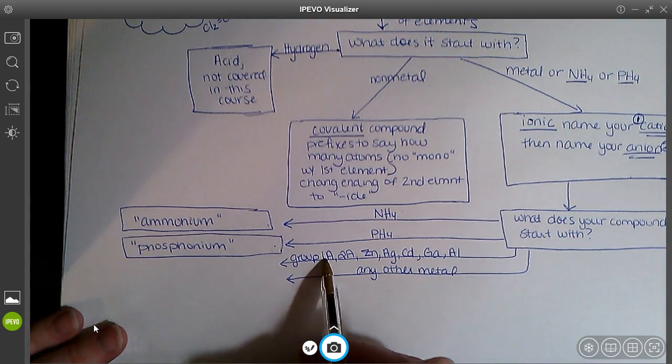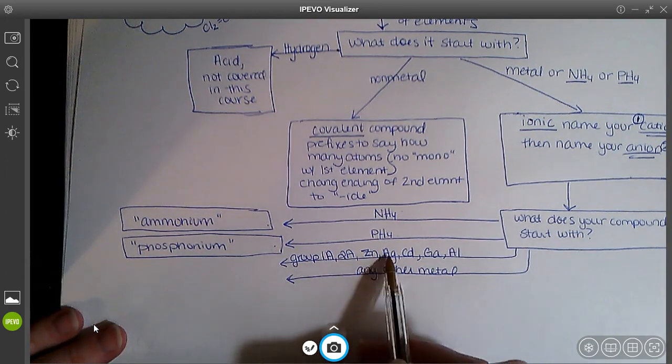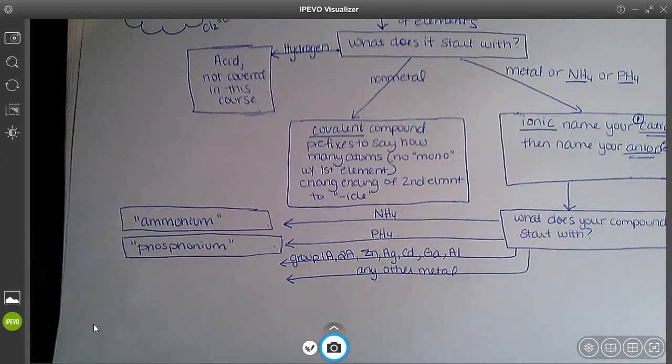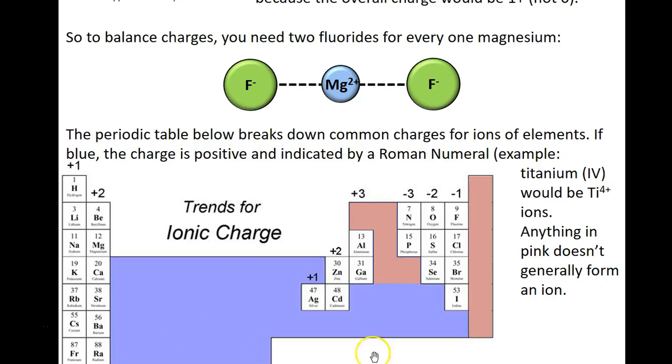If it's a group 1A, 2A, zinc, silver, cadmium, gallium, or aluminum, the thing about these is they have set charges. So if you look back to that periodic table I gave you, it'll show you. So a while ago you got this periodic table, right? And these are our non-metals, but the white ones over here, so group 1A, 2A, or this group of 5 metals, they have definite charges.